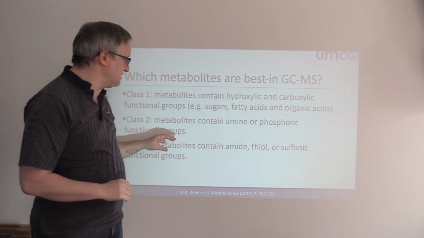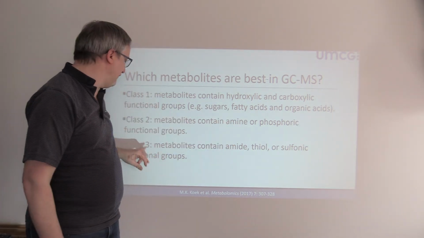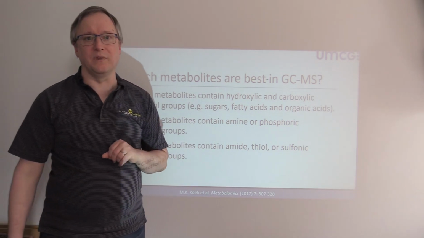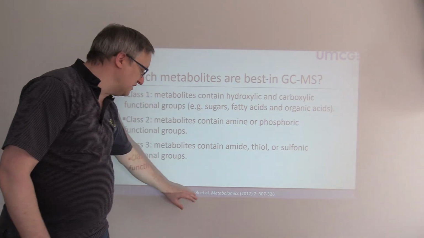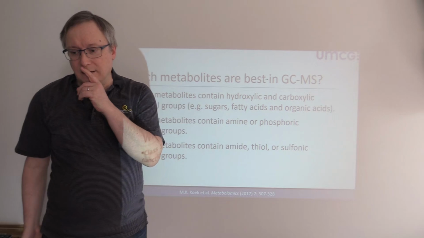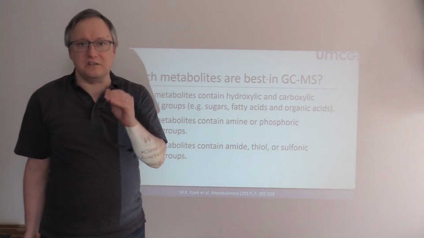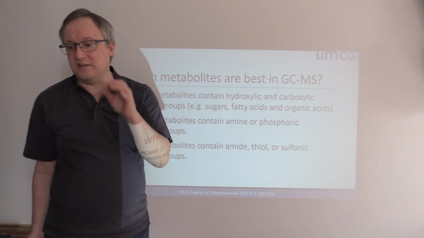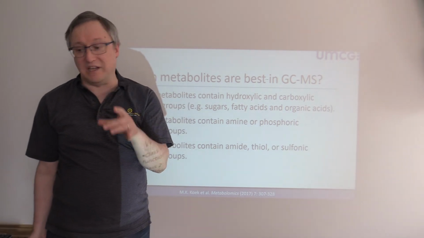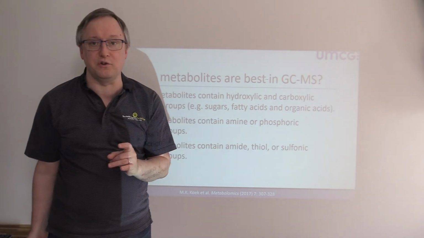The next class is stuff that contains amine or phosphoric functional groups. I really like the way that this paper put it: yes, you can volatilize and protect metabolites that contain amines and phosphoric functional groups.